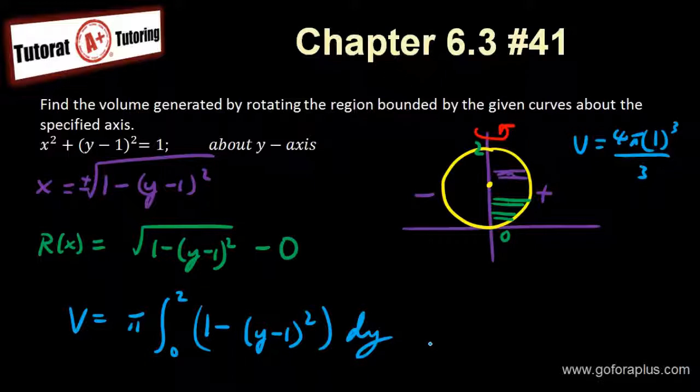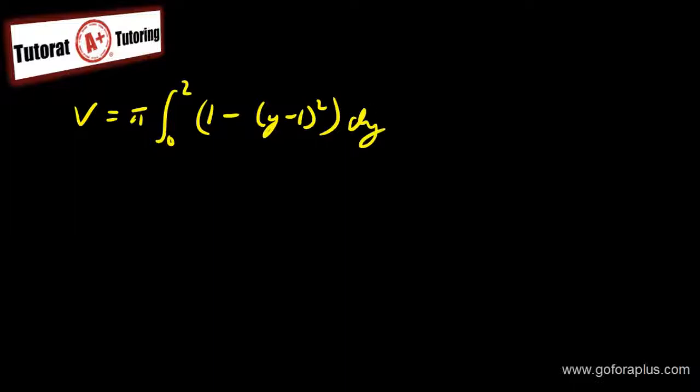Now I have to evaluate this. I need to multiply it out. It'll be much easier. Okay, so let me do that. The volume, let me recopy that first: pi integral from 0 to 2, 1 minus y minus 1 squared, and then dy.